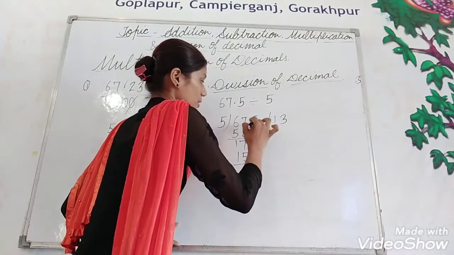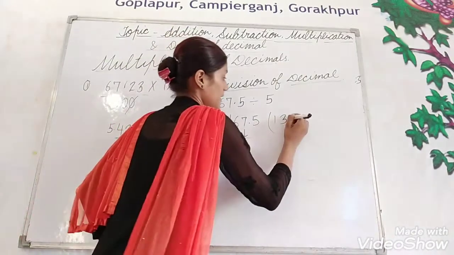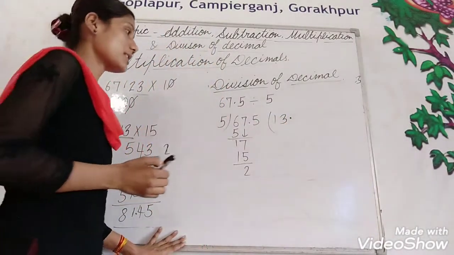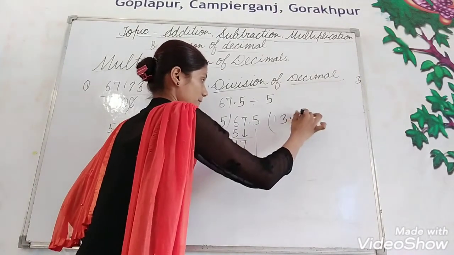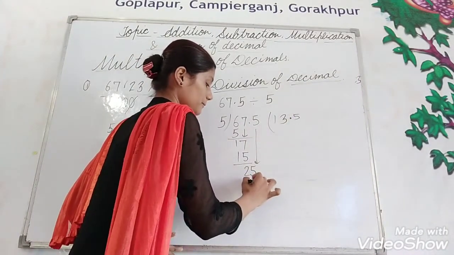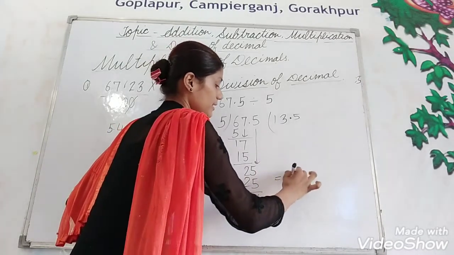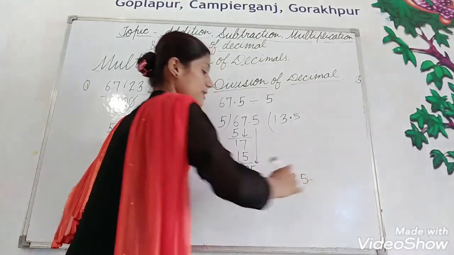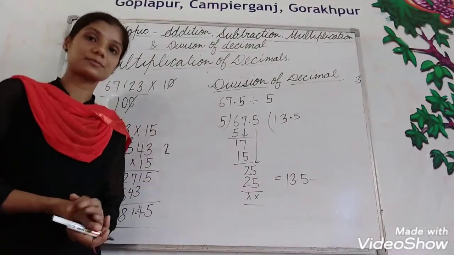After that, in the place of the decimal, we put the decimal point and 5. So 5 fives are 25. So your answer is 13.1. Now it is clear how to find division of decimals.